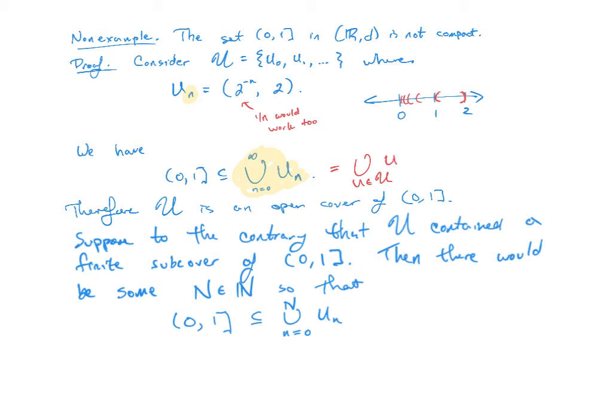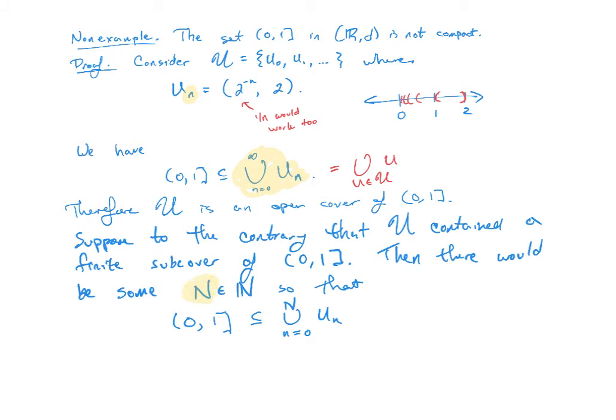Yeah. The indices of your finite subcover are going to be arbitrary natural numbers. But there will still be a largest one of them, right? Because there's finitely many, there's always a largest. Call the largest index of any of them capital N.